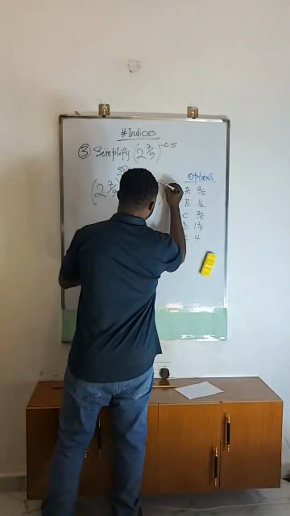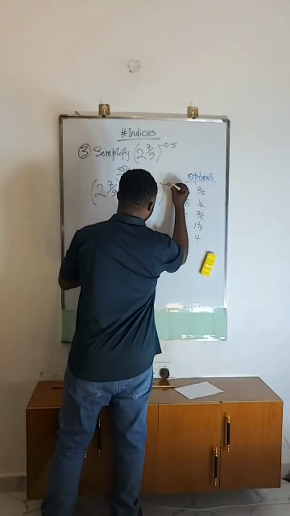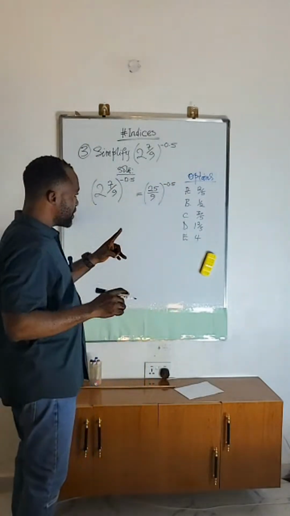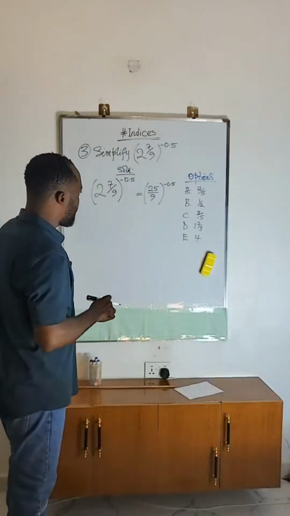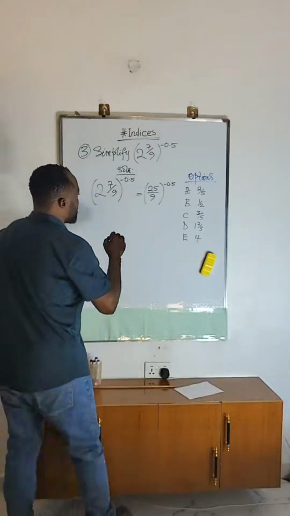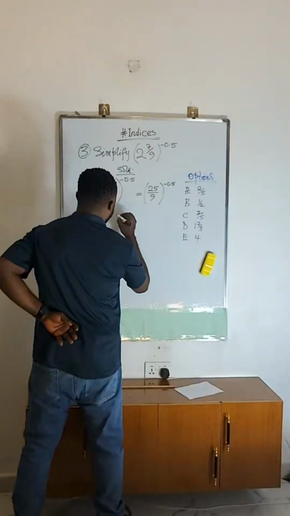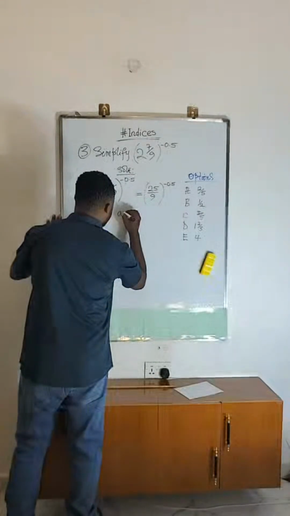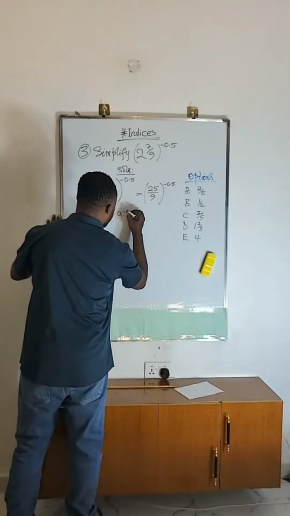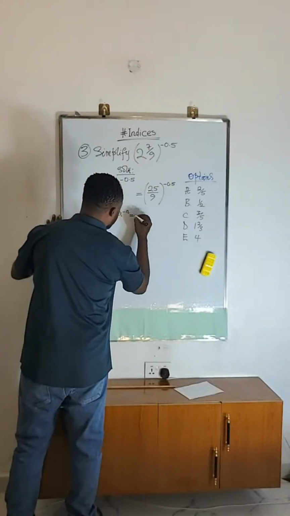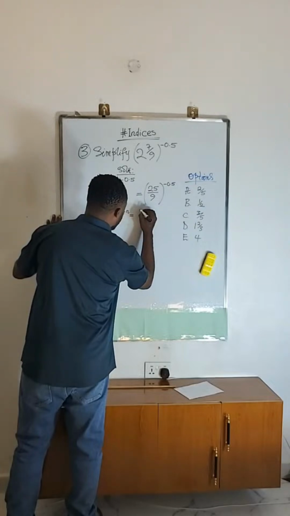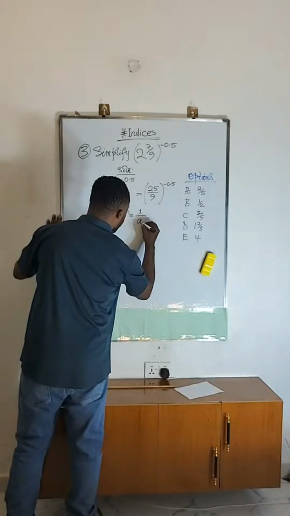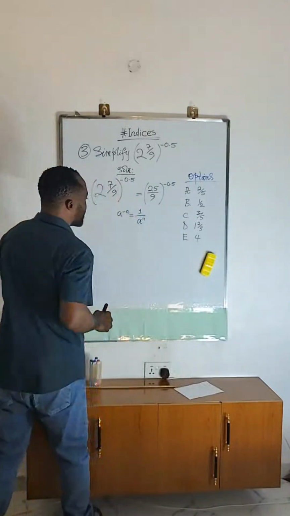And then raised to the power of minus 0.5. Remember this place. There is a rule in indices that says a raised to the power of negative n is the same thing as 1 over a raised to the power of n.